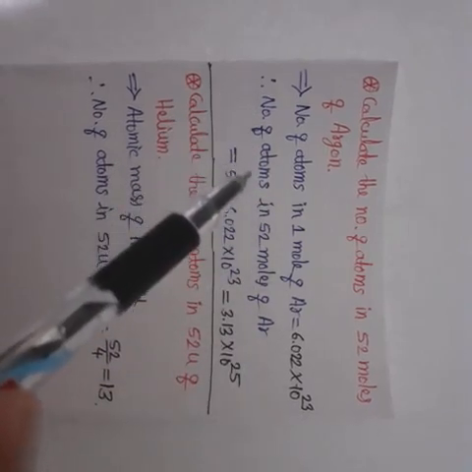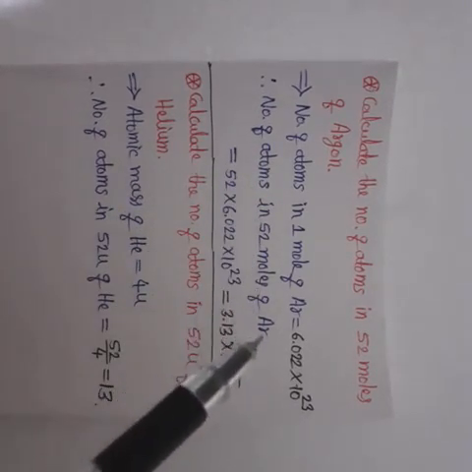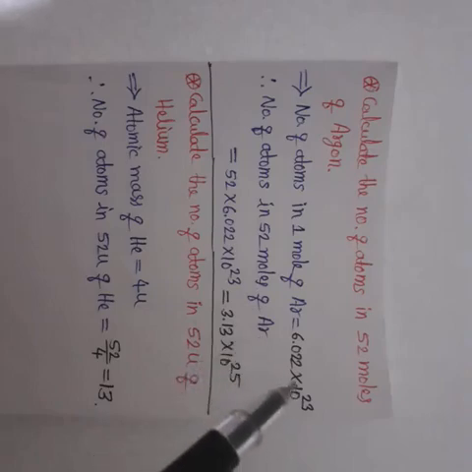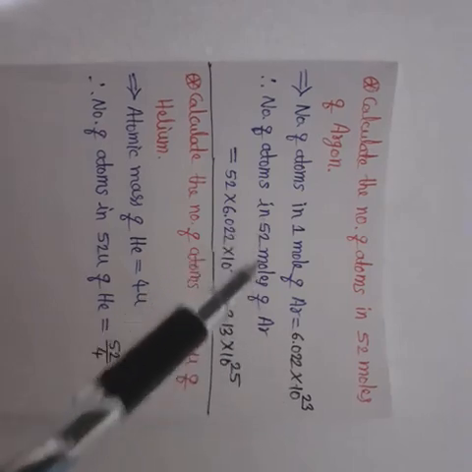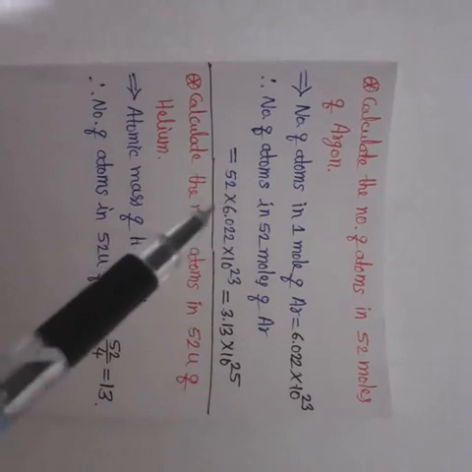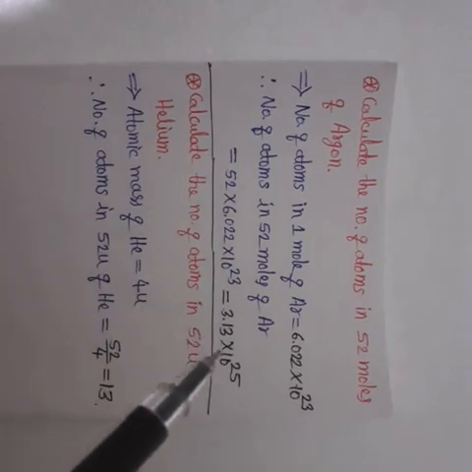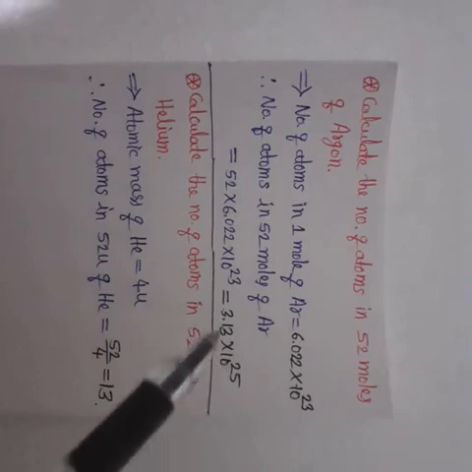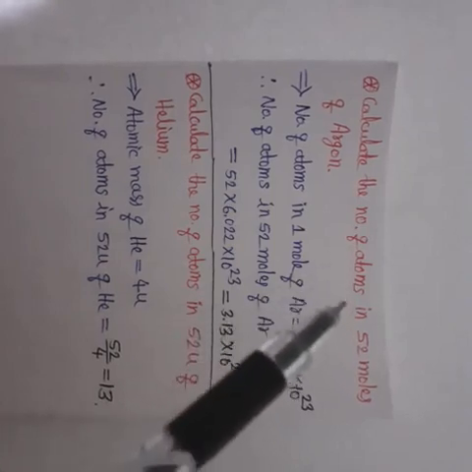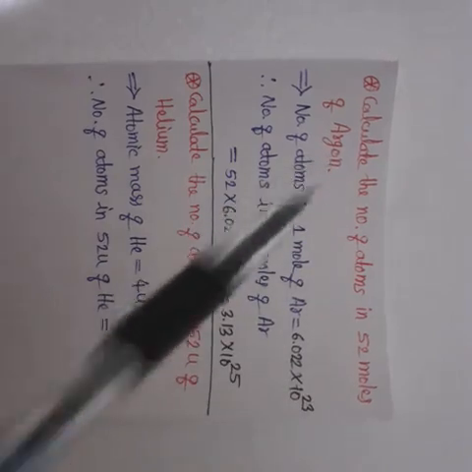Therefore, number of atoms in 52 moles of argon means this Avogadro number should be multiplied by 52 moles of argon. Then we get 3.13 into 10 to the power 25. This is the number of atoms in 52 moles of argon.